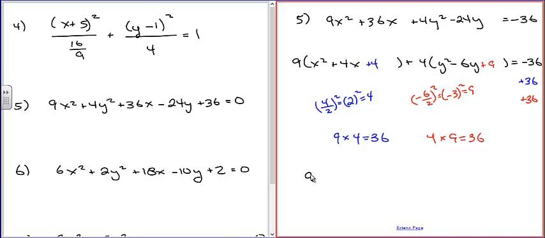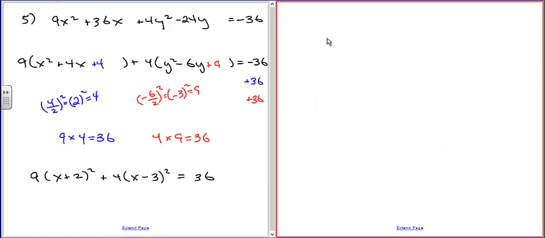And we can rewrite those three terms as complete squares. It's going to be x plus 2 squared plus 4 times x minus 3 squared. And you add all this together, you get 36. Now we divide both sides by 36 to get 1 on the right-hand side.